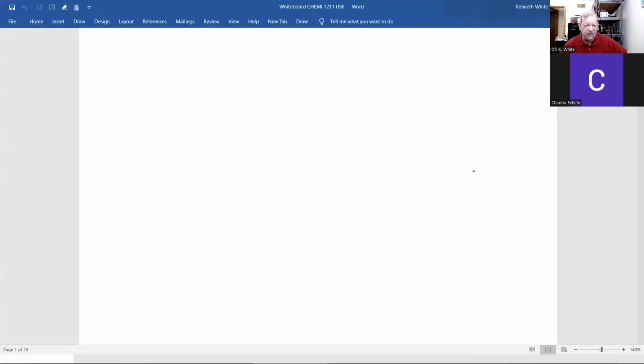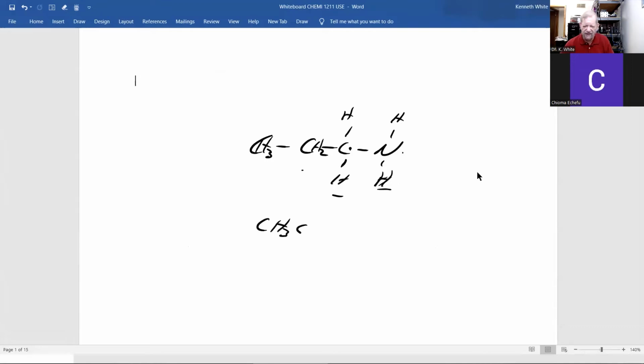And you could have written it this way. On the problem set, I have it, these two hydrogens I bring onto the carbon, these two hydrogens I bring onto the nitrogen, and the other way to write it, which you should be familiar with, is this. Either one would be correct on my test.